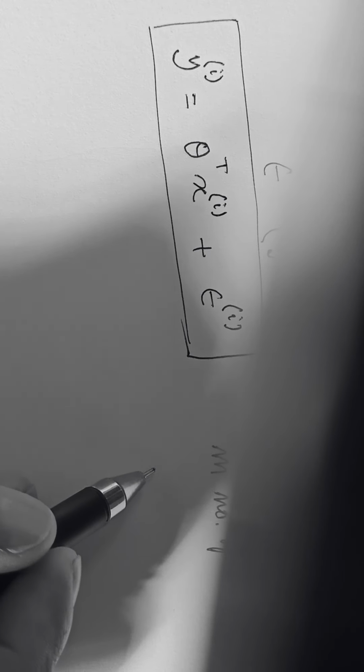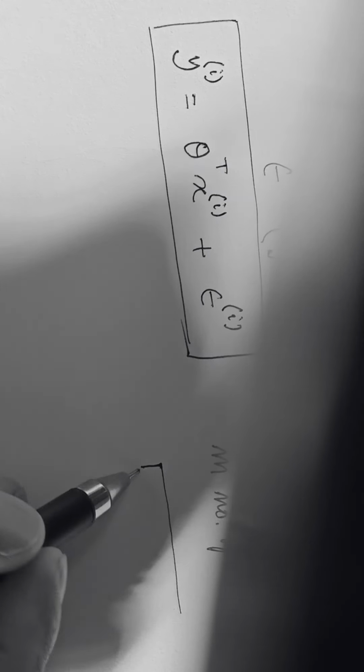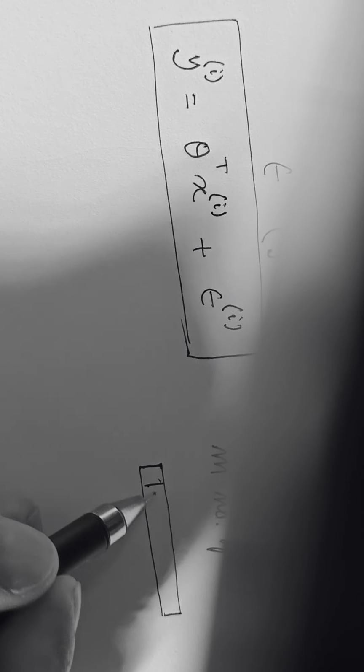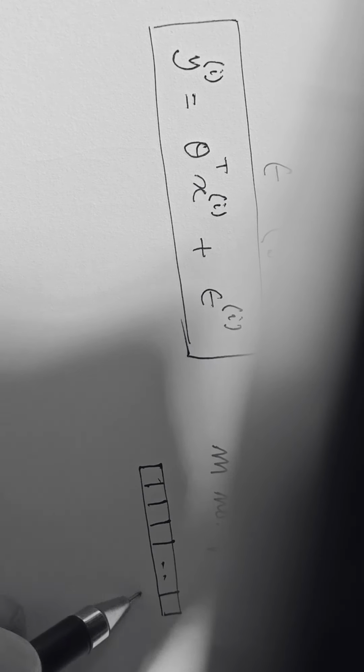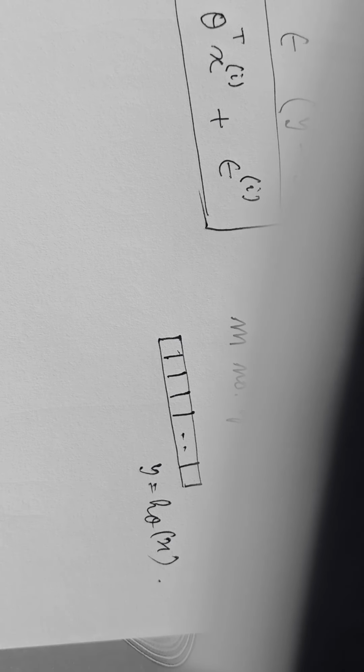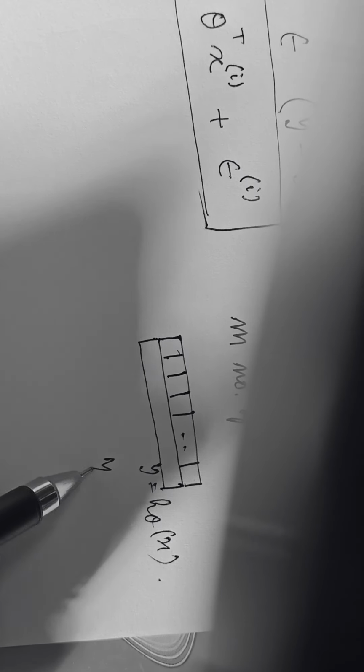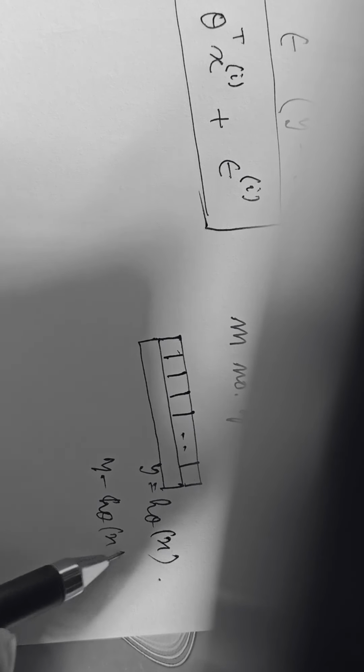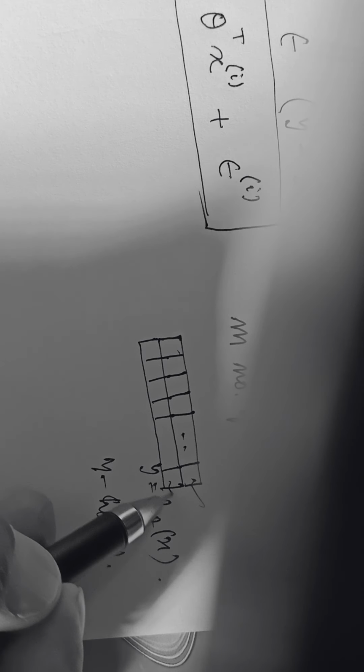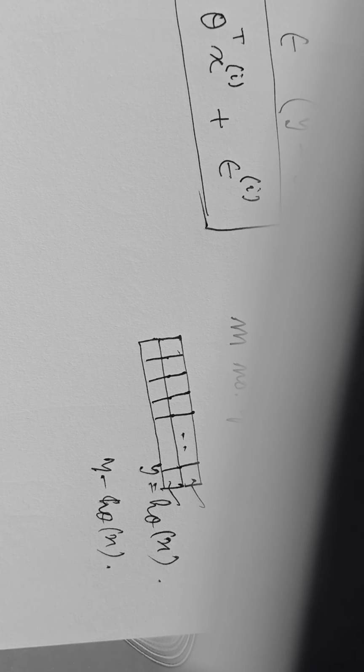Suppose we have considered a set of data, intentionally, such that this y always equals h theta x. If we consider a set of data where this difference is always very high, then what we can say is that we are intentionally choosing the records to make y either equal to h theta x or far away from h theta x.